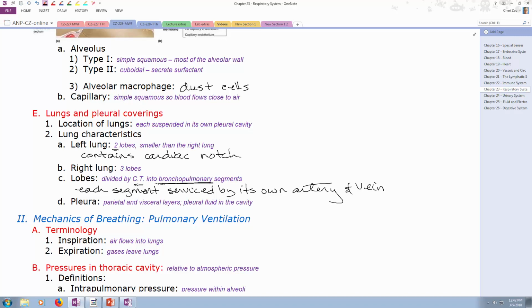It's clear. Now, each lung has its own cavity, so if one lung is damaged, that means that the other lung is still functional. And that's why we have two kidneys too. If we have one that gets damaged, the other one still functions, and we're able to survive and live.